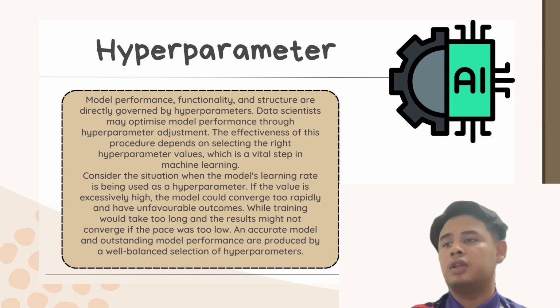Consider the situation when the model's learning rate is being used as a hyperparameter. If the value is excessively high, the model converges too rapidly and has unfavorable outcomes, while if the pace was too slow, training will take too long and the result might not converge. A well-balanced selection of hyperparameters produces an accurate model and outstanding model performance.